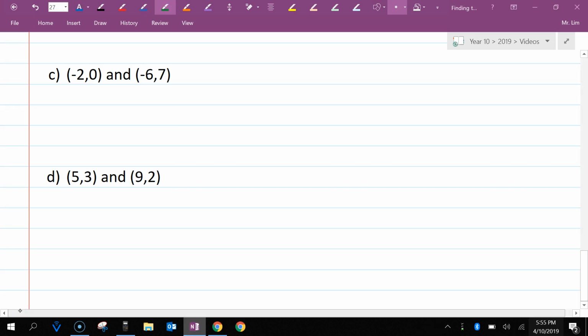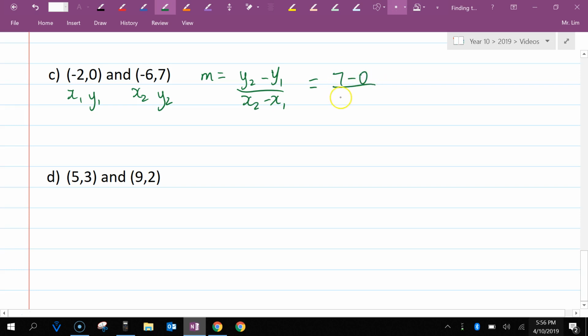Okay, so m is equal to y2 minus y1 over x2 minus x1. So that gives us 7 minus 0 over minus 6 plus 2, which is 7 over negative 4, therefore sloping down.